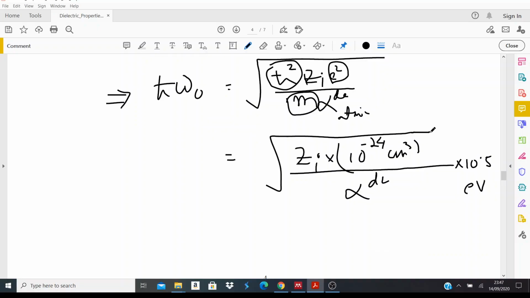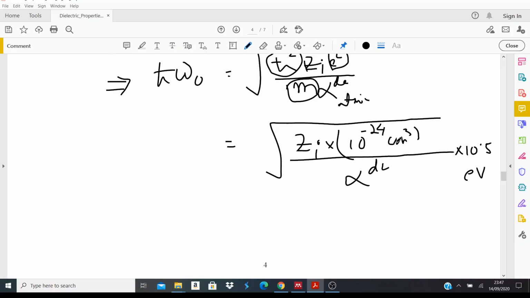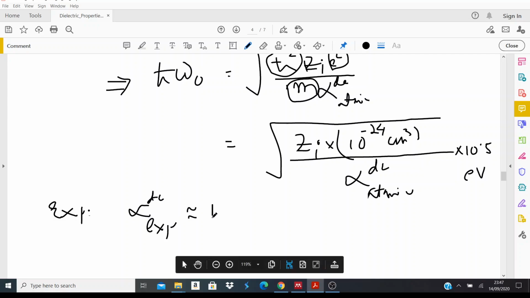The reason that we write the expression in this form is that usually when you measure this α_dc atomic experimentally, we measure it to be of the order of 10 to the power minus 24 centimeter cube.